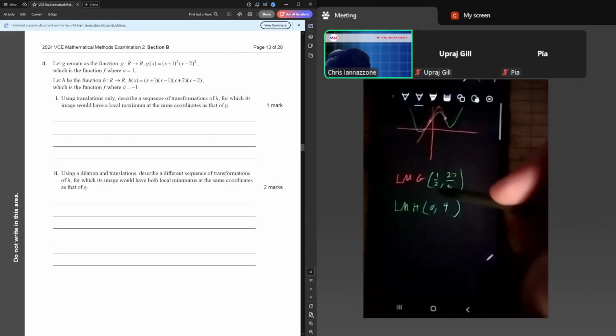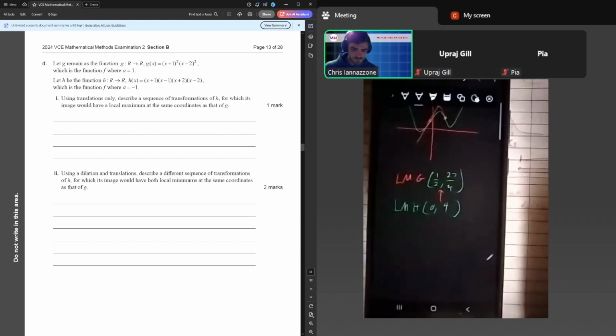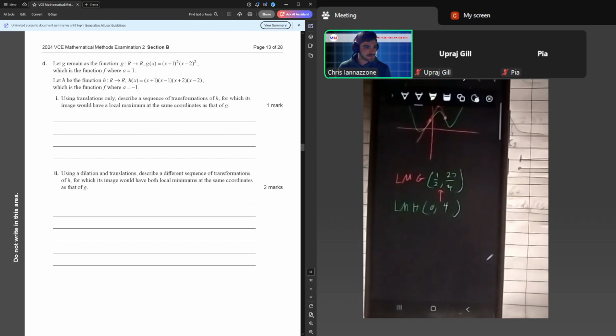So using only translations, how do we get from here to here? That is now the question.